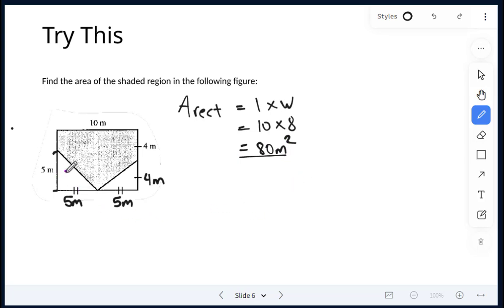Next, let's call this triangle 1, and we'll call this triangle 2. So area of triangle 1, so 0.5 base times height. So triangle 1, 0.5, base is 5, height is 5. That gives me 12.5 meters squared.